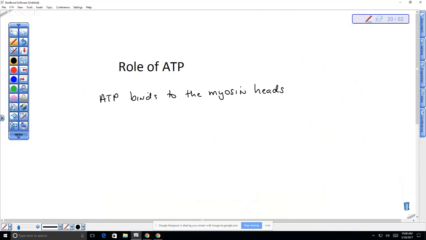It is broken down. So ATP is converted to ADP, that's adenosine diphosphate, right? Plus P plus energy, right? So what this energy does is this energizes the myosin head.